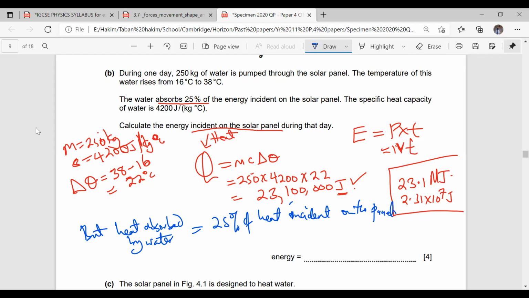That is what the question says, that water absorbs 25%, and yet we've got that amount of heat energy. So we shall simply say that 23,100,000 is the same as 25 over 100 times x. So what is the value of x?